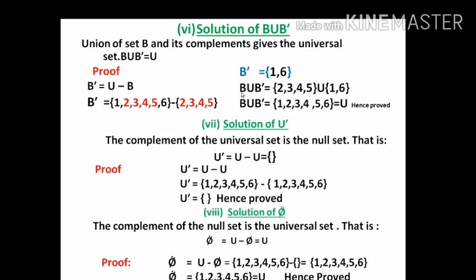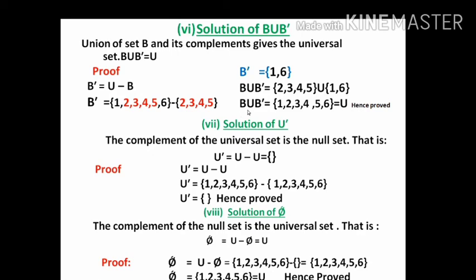In the second step, we will find the union of B and B complement. So B union B complement is equal to the members of the B set, then union sign, then the members of the B complement.